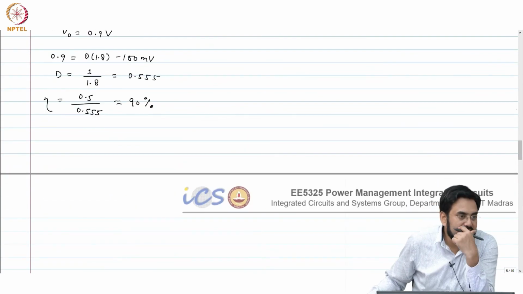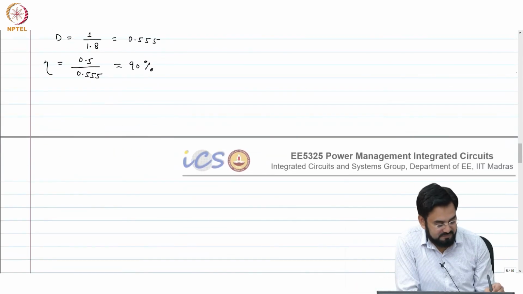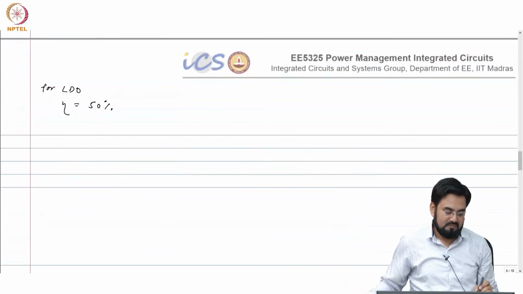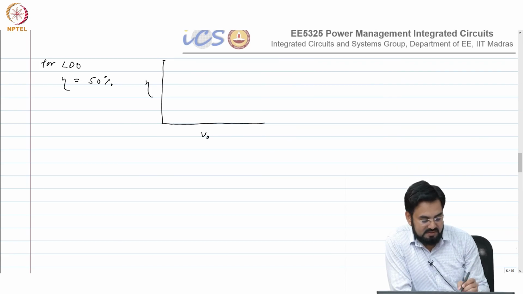What will happen in the case of LDO? So now, if you remember the efficiency curve, if this is your V out and this is your efficiency, what was happening when V out was increasing?